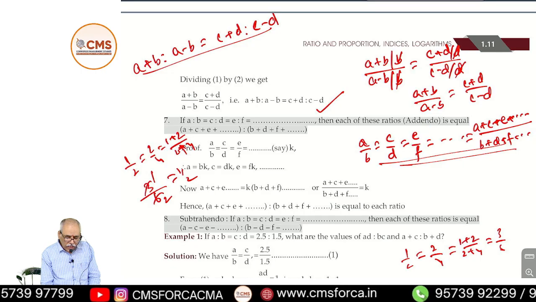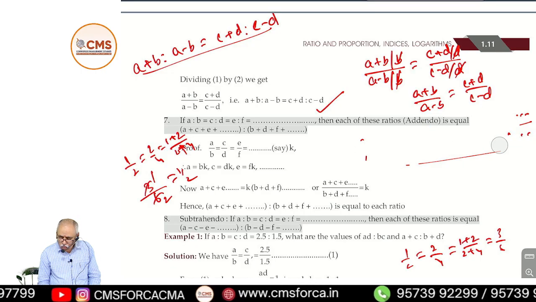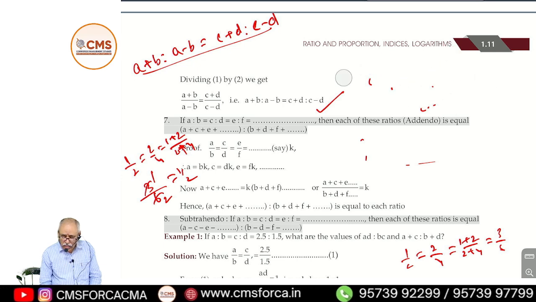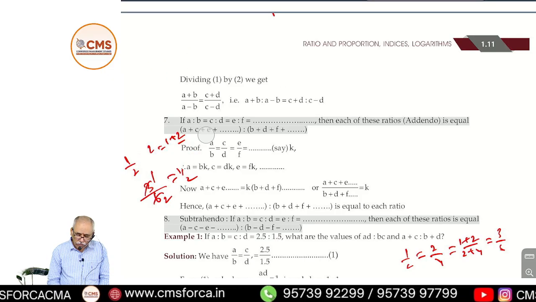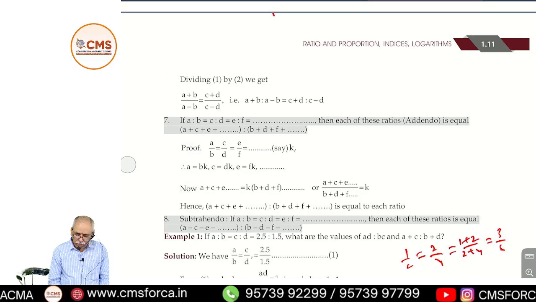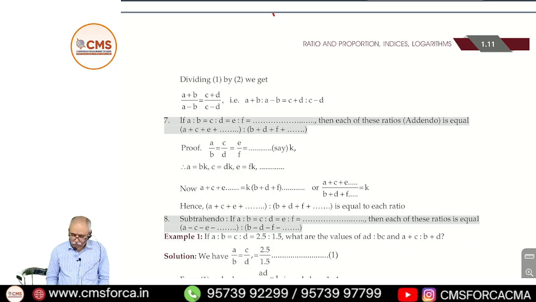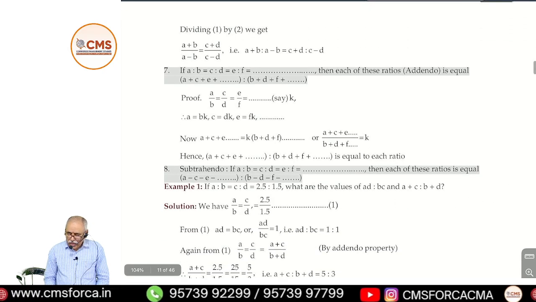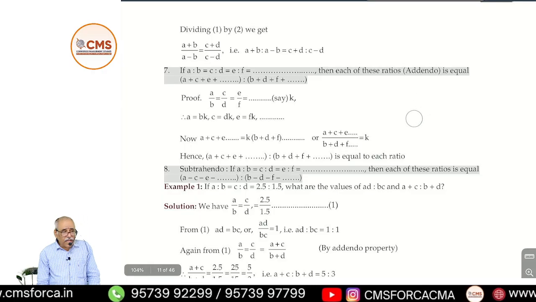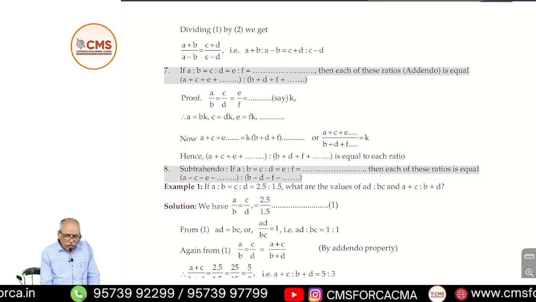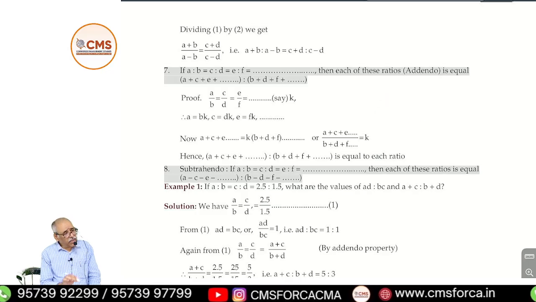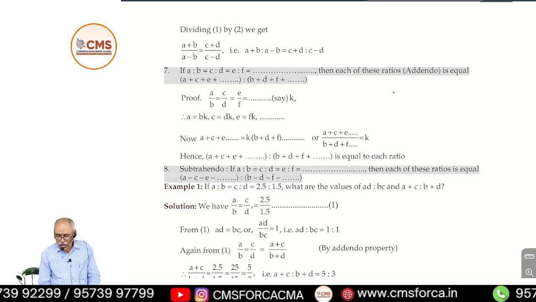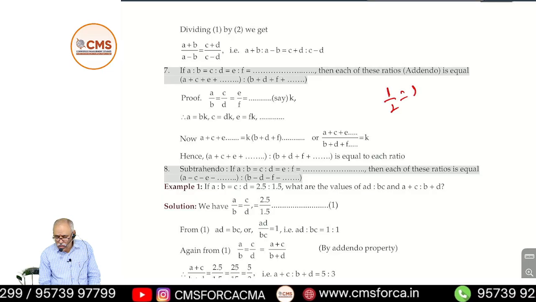Next, subtrahendo. What is subtrahendo? In subtrahendo, you subtract all numerators and all denominators. For example, first let me show one example. 1 by 2 equal to 2 by 4.